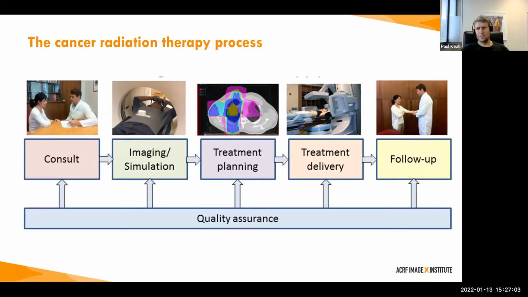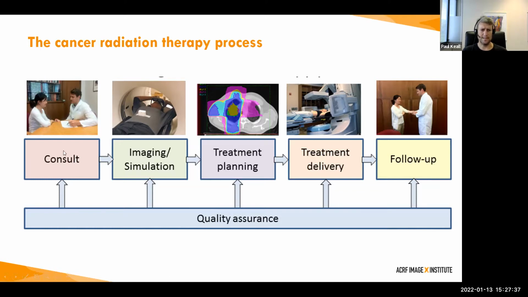Okay, so switching gears a little bit to the cancer radiation therapy process. Earlier we talked about the diagnosis of cancer. Once that has been confirmed, typically by biopsy, the patient would be seen ideally in a multidisciplinary clinic where there are people with expertise in surgery, medical oncology or chemotherapy, and radiation therapy.